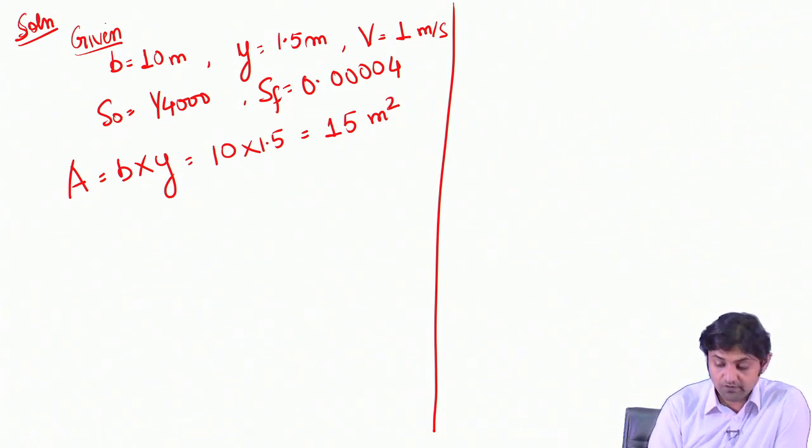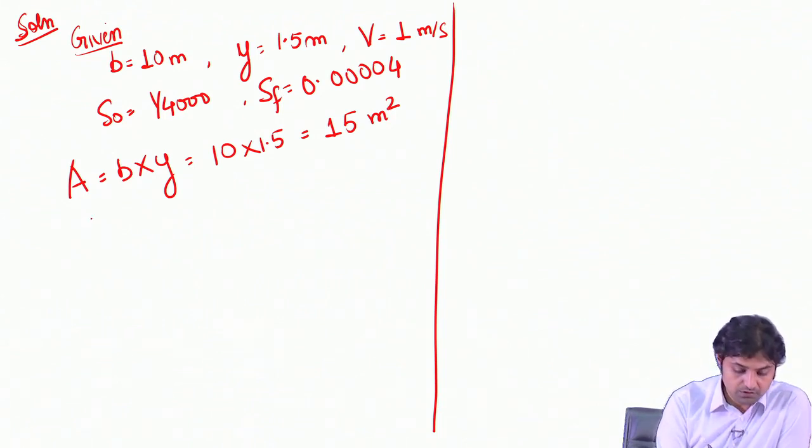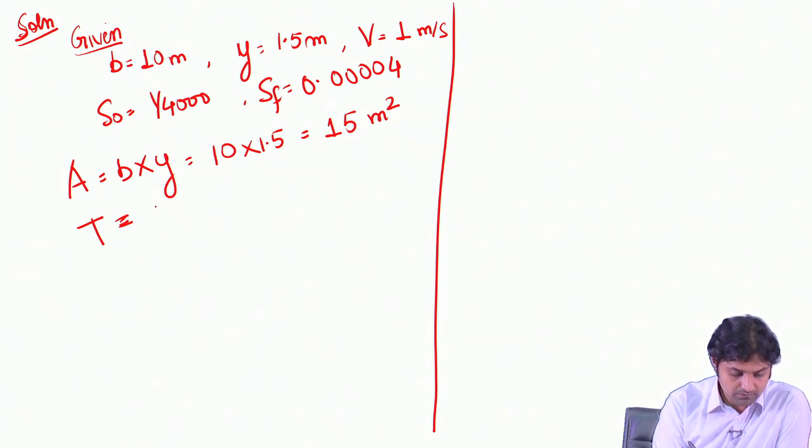We will go very systematically. The top width T is B, that is 10 meter.